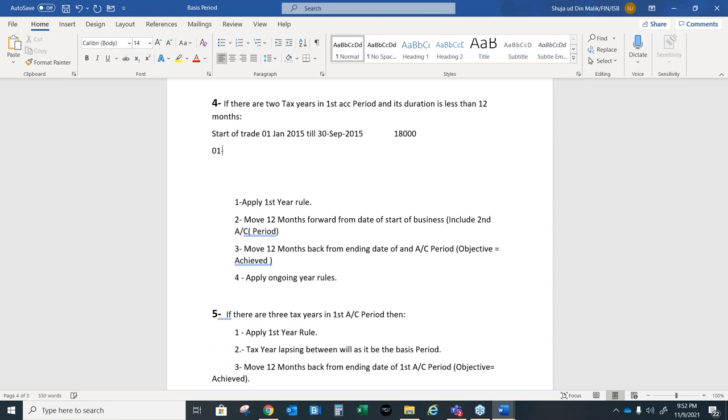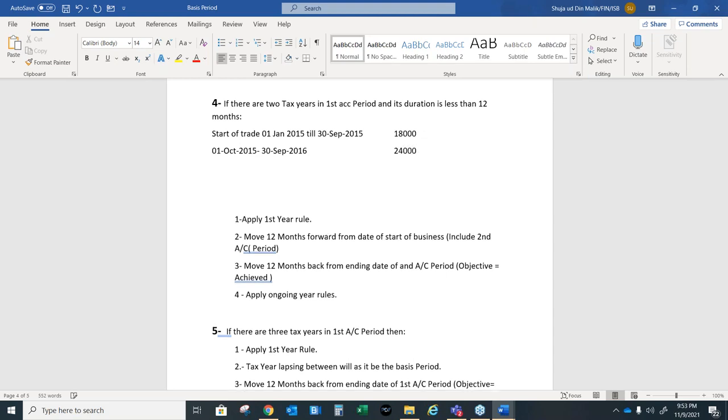The next period is 1st October 2015 till 30th September 2016. The profits are 24,000, and the next period is 1st October 2016 to 30th September 2017, yielding the profits of 12,000.